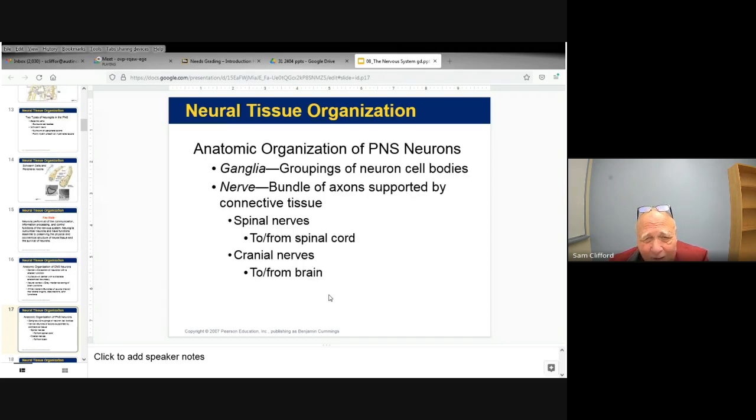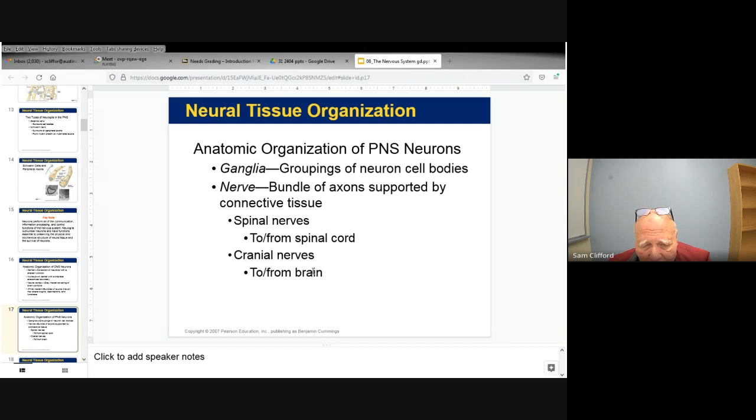So in the peripheral nervous system, ganglia are a grouping of neuron cell bodies outside the central nervous system. A nerve is a bundle of axons supported by connective tissue. Spinal nerves carry messages to and from the spinal cord.